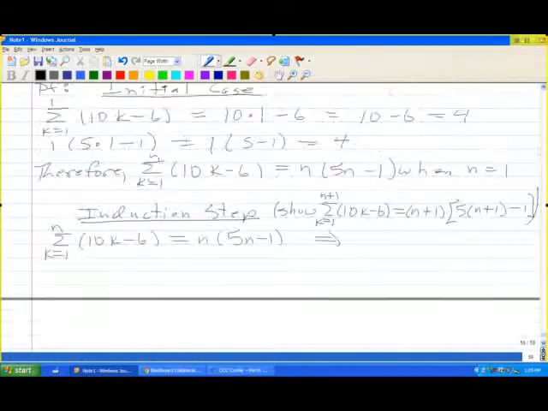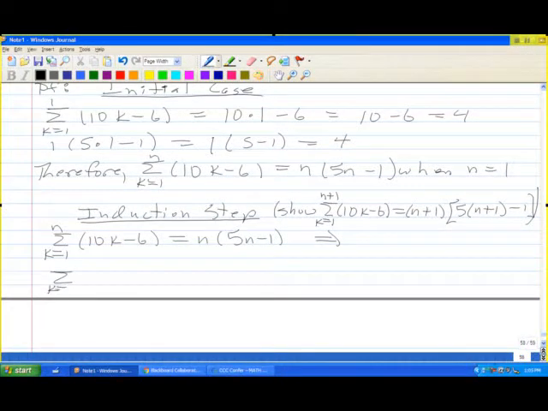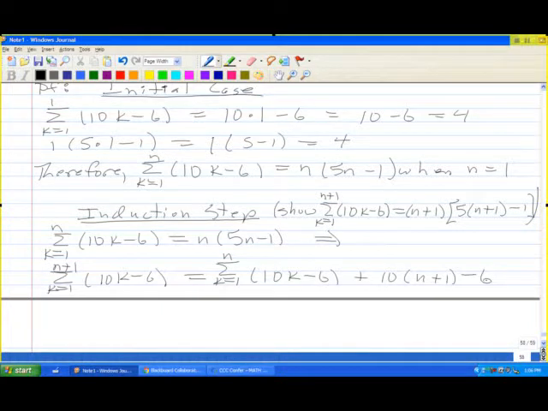And so I have that the sum k equaling 1 to n plus 1 of 10k minus 6, that's equal to, well, just add up the first n terms and then plug in the last term, which is 10 times n plus 1 minus 6. Well, this is equal to, by the assumption, n times 5n minus 1.